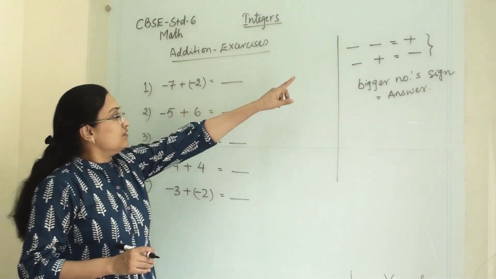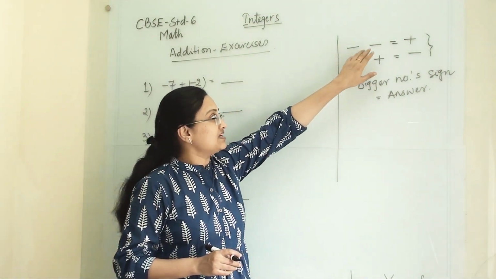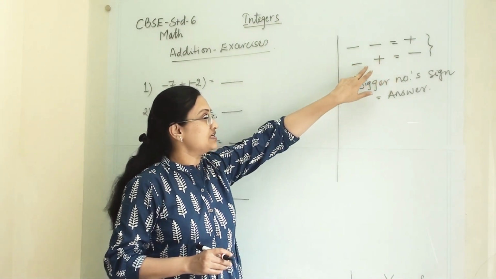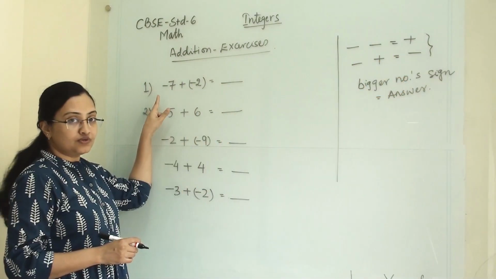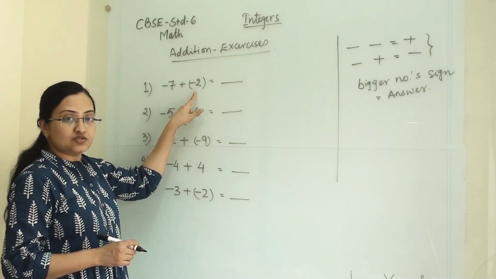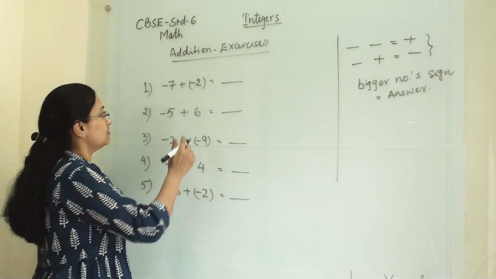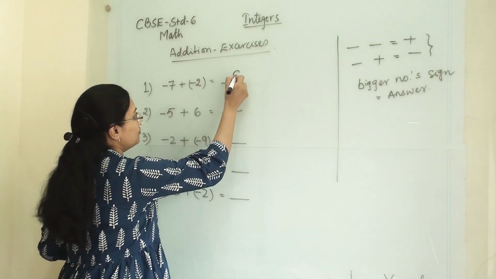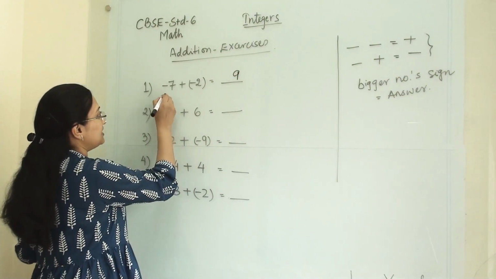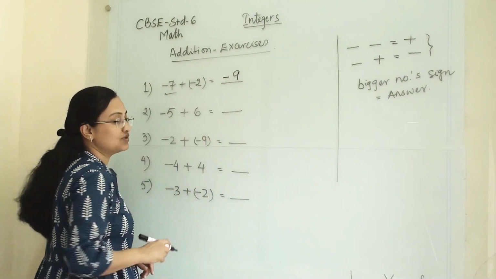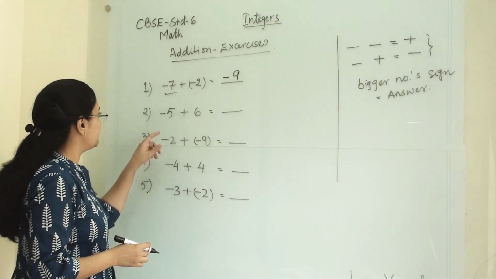So here we have to remember these two, minus minus plus and plus minus minus. First sum, minus minus will become plus. So 7 plus 2 will give us 9, but the bigger number is carrying a minus sign, so we will get minus 9.